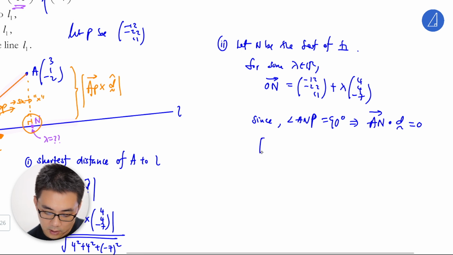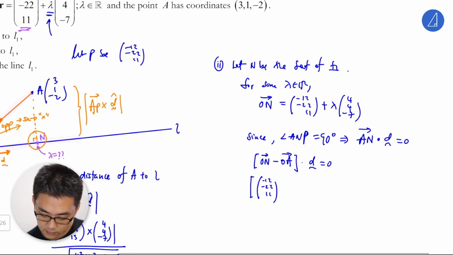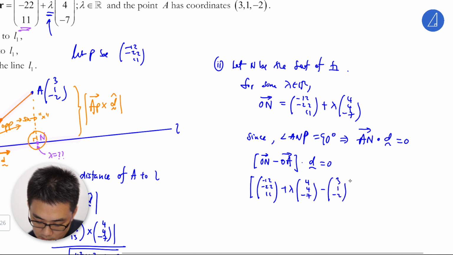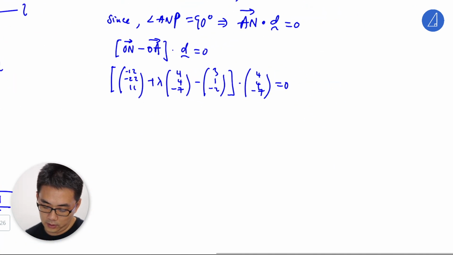So (ON - OA) dot D is 0, then you just solve this. D will be, just do this.